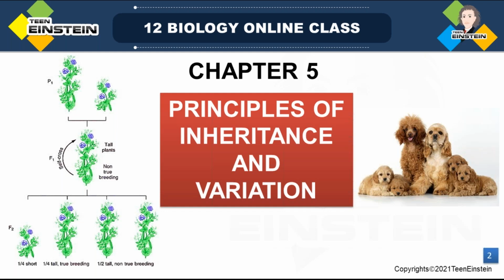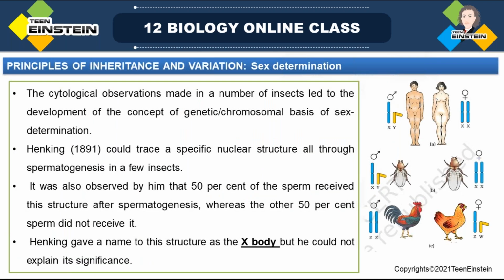So next we are going to study about... in the last class we learned about the chromosomal theory of inheritance, right? So in today's class we are going to discuss sex determination.